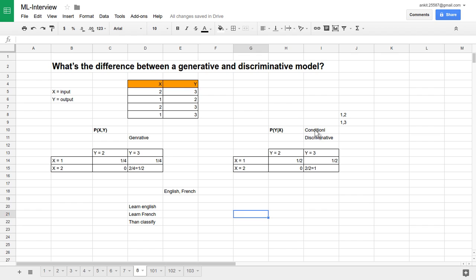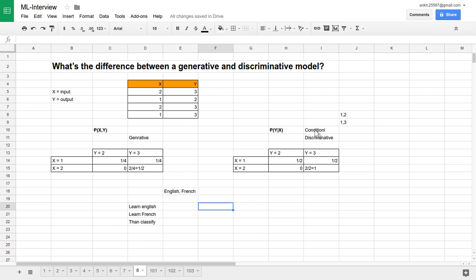But suppose you want to tackle the same problem with a discriminative model. In that case, rather than learning the English language or the French language individually, what we do is try to discriminate between an English sentence and a French sentence.